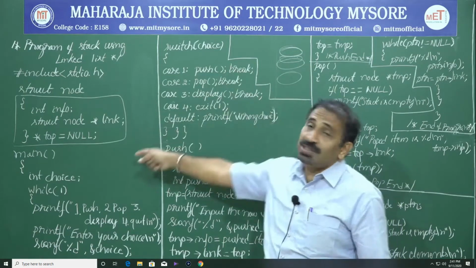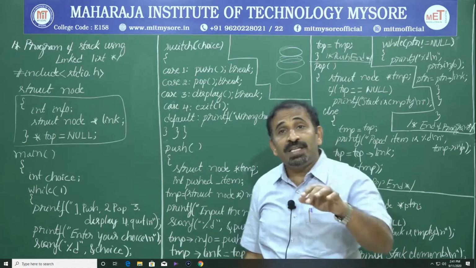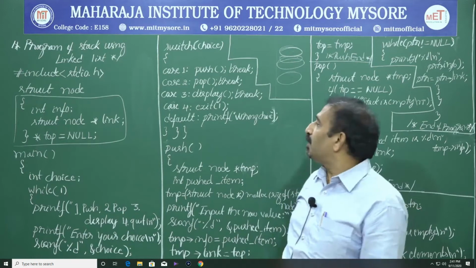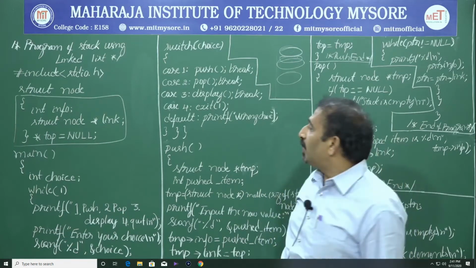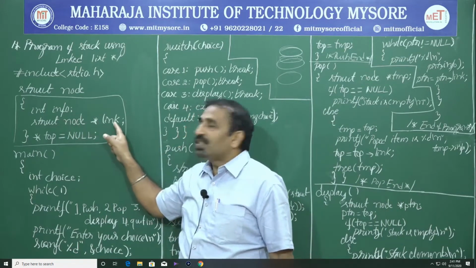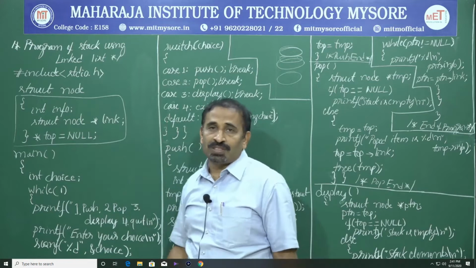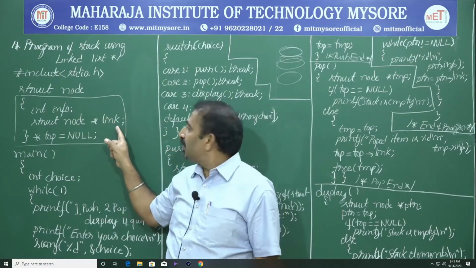Of course, you will be using a similar kind of structure in the linked list. In the beginning it is a little difficult to understand, but please go ahead with this. When you understand linked list, you will understand this better. So, struct node star link. This is what you are supposed to understand. Now I am creating one link.